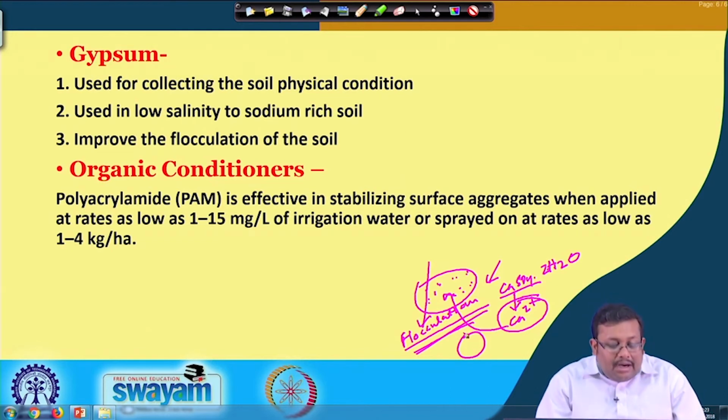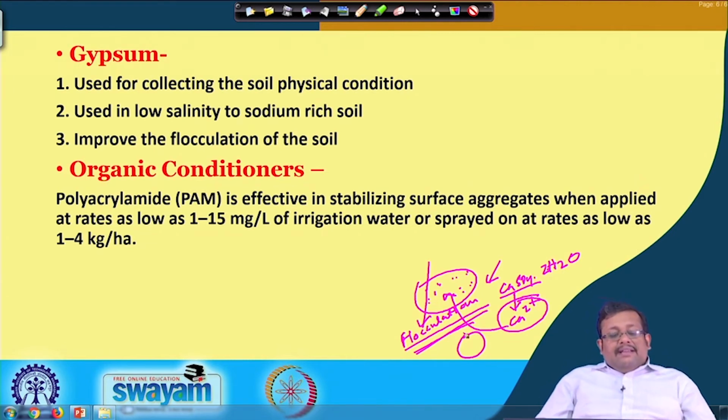Another type of organic conditioner is polyacrylamide or PAM, which is basically effective in stabilizing surface aggregates when applied at rates as low as 1 to 15 milligram per liter of irrigation water, or sprayed on at rates as low as 1 to 4 kg per hectare.